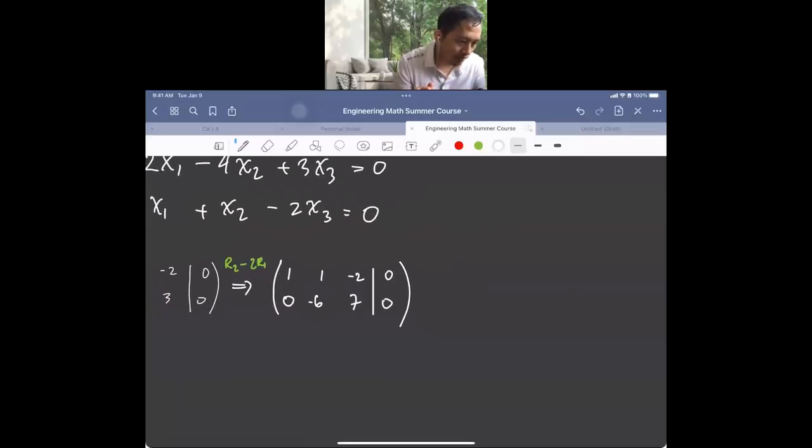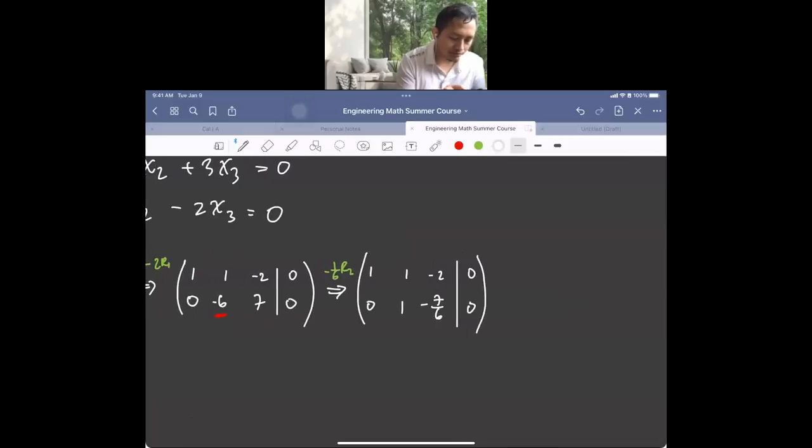And again, we see that we need to have the 6 here become 1. So we need to multiply R2 by negative 1 over 6. So 1, 1, negative 2, 0, 0, 1, negative 7 over 6, and then 0.